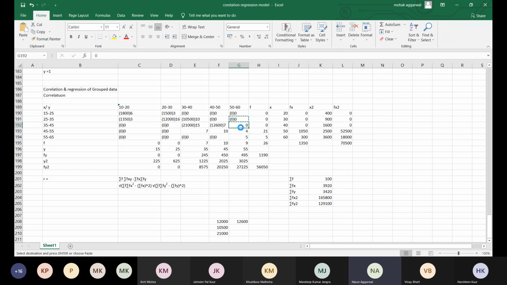This is 0, this is again 0. Now check for this. So this is 50 into 35. So which will be equal to 50 into 35 into 7. So 12,250.